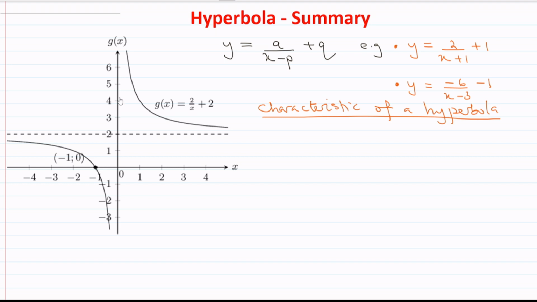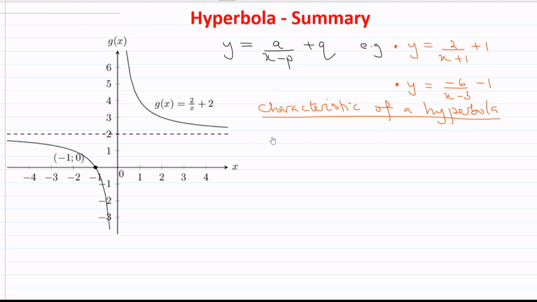There is a vertical line that seems to split our two curves. There is a horizontal line that is also splitting our curve. And we see that our curve is in the opposite ends of these areas, which we call the quadrants. I'll come to that. All of what we see here can be summarized in the equation y is equal to a over x minus p plus q.